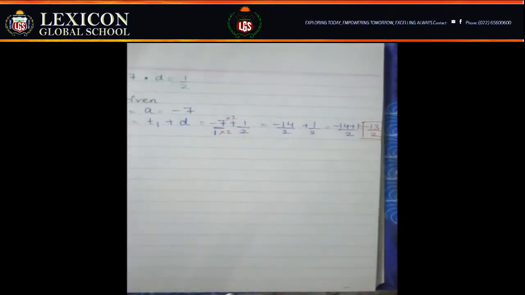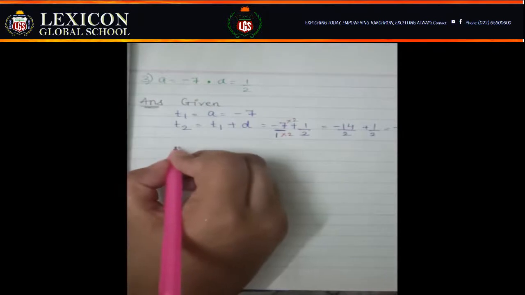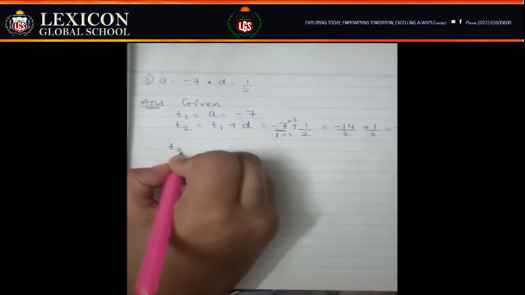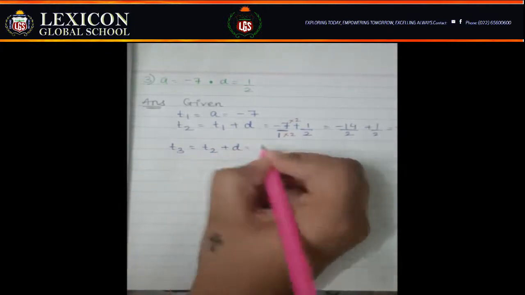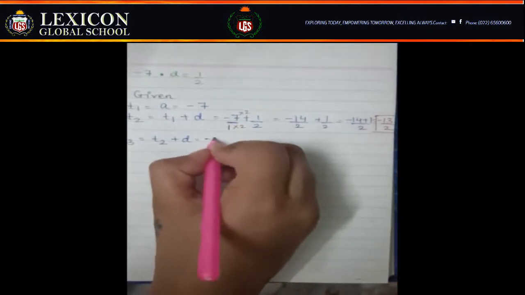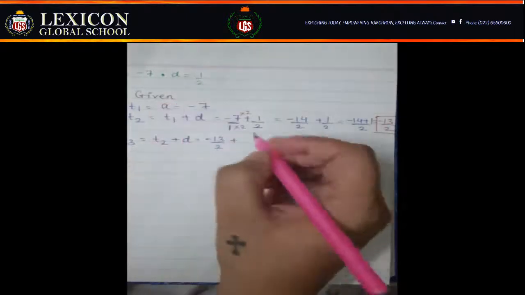Second term of the AP. Similarly, I need to find the third term. To find out the third term, I am going to write T3 is equal to T2 plus D. What is your T2? Minus 13 upon 2, plus D, that means 1 upon 2.